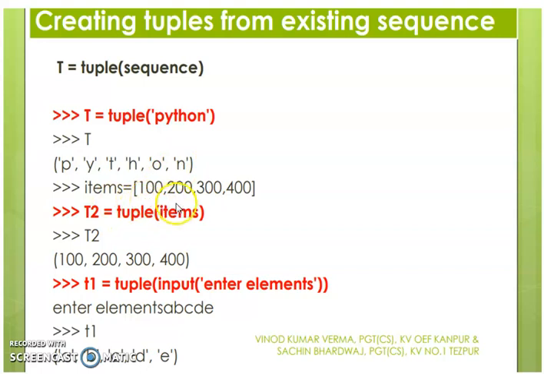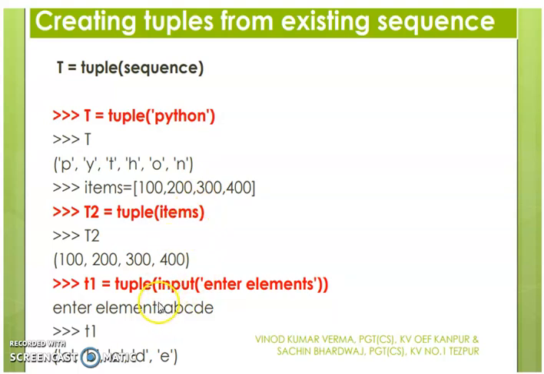Next one, items equal to 100, 200, 300, 400. This one is a list. Then T2 is equal to tuple of items means it displays 100, 200, 300, 400, to create a tuple with the elements of the list items.